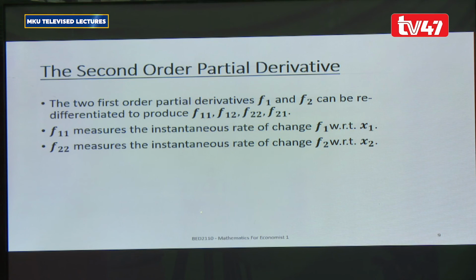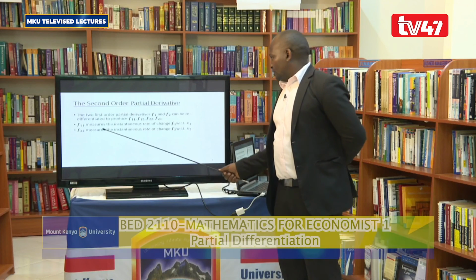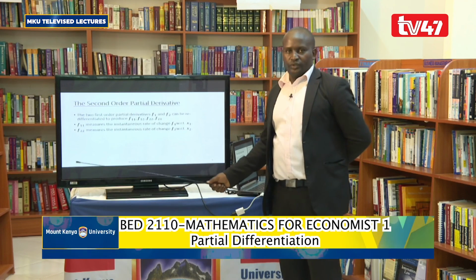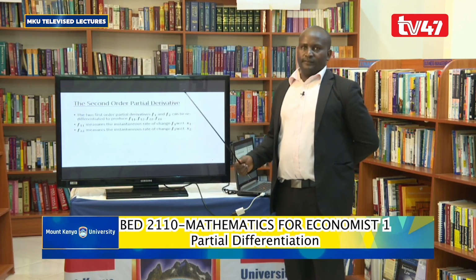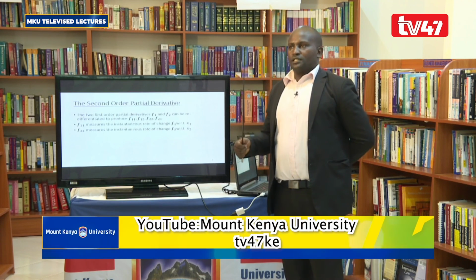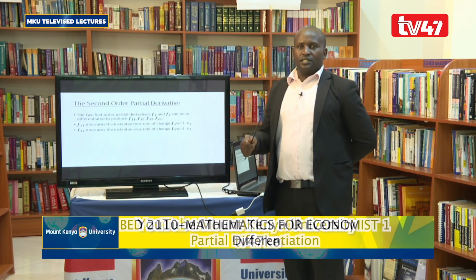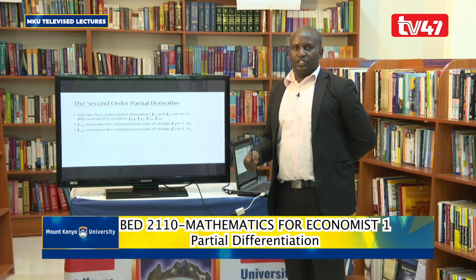Now, students, I want you to consider this an important concept, because this concept of instantaneous change, we are going to use when we shall be applying these concepts in economics to see the direction and the effects of these variables. We shall be considering the effects and the direction: how is f1, for example, changing as, let's say, x1 is increasing or decreasing.